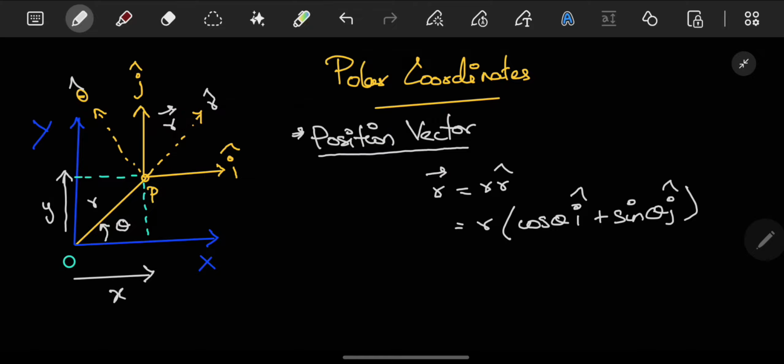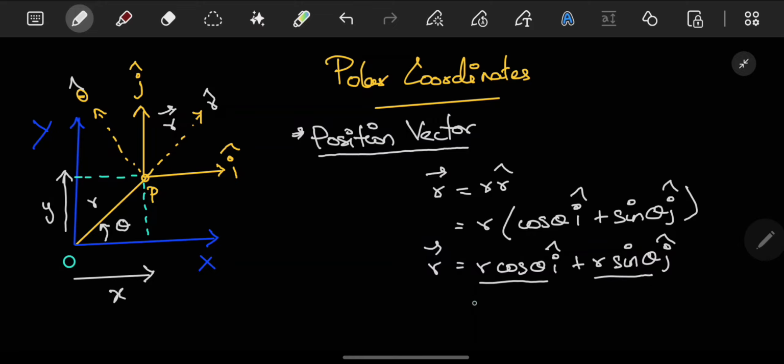We have just substituted the value of r cap. Now we can just multiply this r inside, so we'll get r into cos theta i cap plus r into sin theta j cap. This is nothing but r vector. We know that r cos theta is nothing but x, and r sin theta is nothing but y. Finally, r vector is equal to x into i cap plus y into j cap.